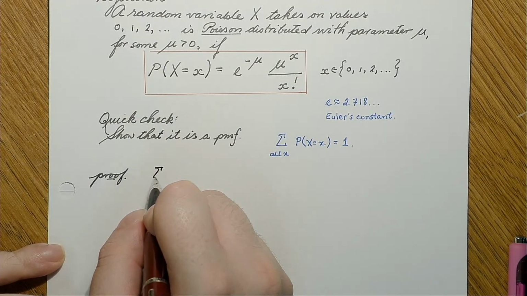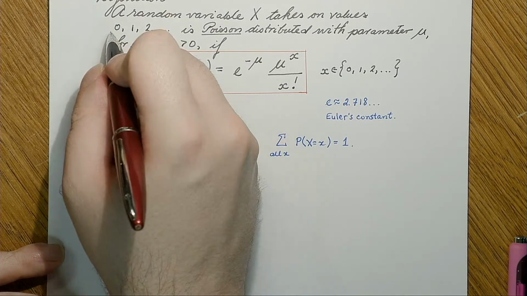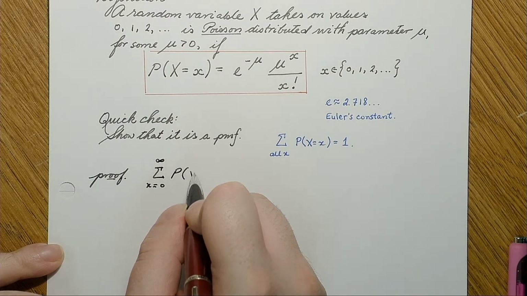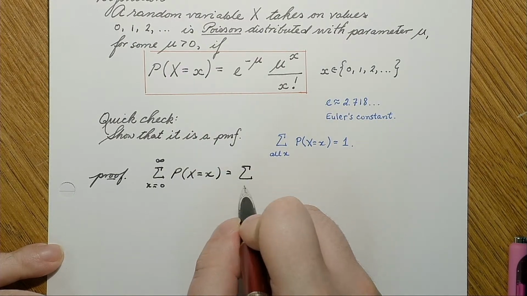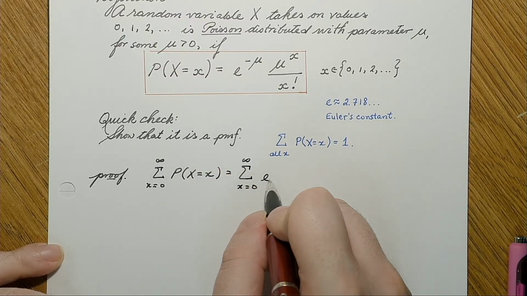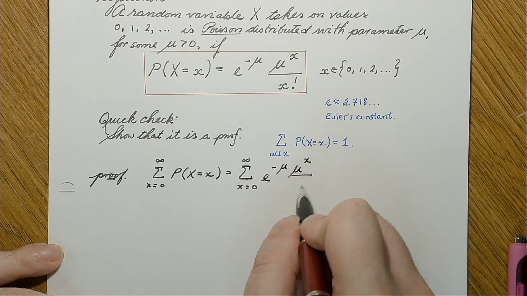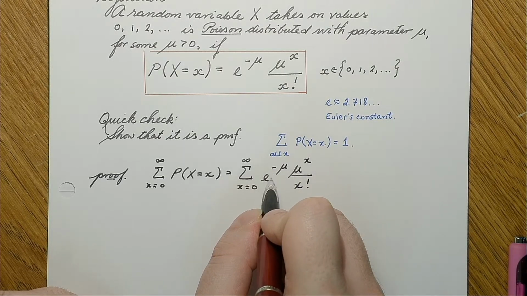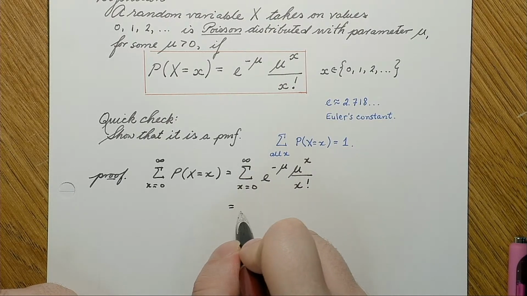So if we start to sum from x equals 0, going to infinity, we have e to the minus mu, mu to the x all over x factorial. The first thing I can do is pull out this e to the minus mu because it's not dependent on x, so that is just a constant.